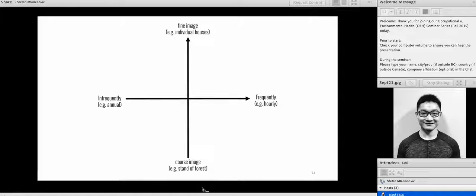And how frequent do we need to collect images? Daily? Well, it depends on what it is that you are trying to understand. Let's say we want to study how forests recover from the fire. Not very frequent. Okay, so maybe around here.